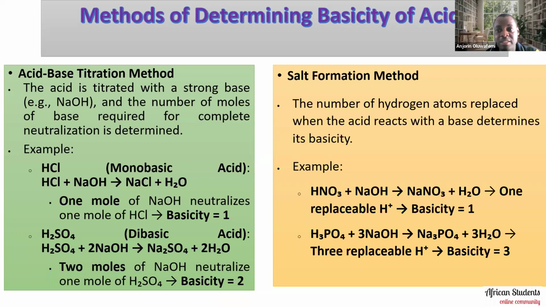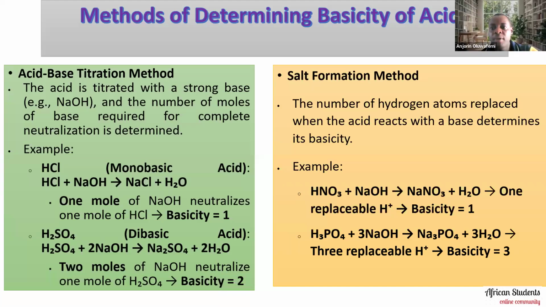So the basicity of HCl is 1. You can also see that with H2SO4: the basicity is 2, because 2 moles of sodium hydroxide will neutralize 1 mole of H2SO4, since H2SO4 is dibasic in nature.